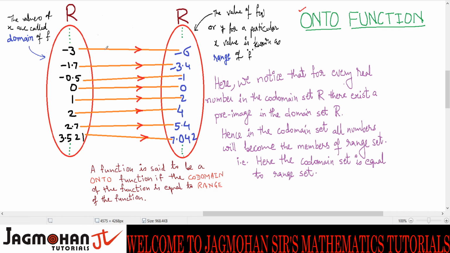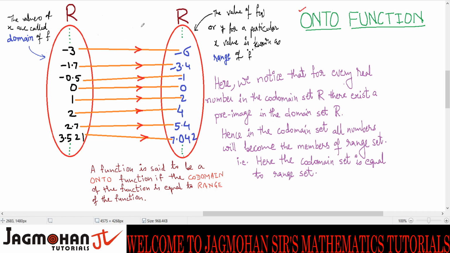Like -6 has only one pre-image, -3.4 has only one pre-image, -1 has only one pre-image. So when the elements of the range set have one and only one pre-image, we call such a function a one-one function. We are now going to see what is an onto function.